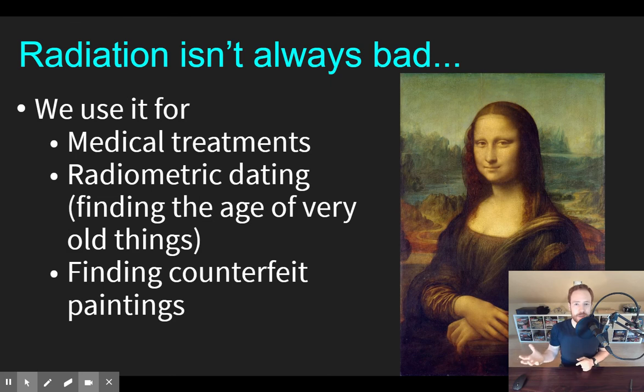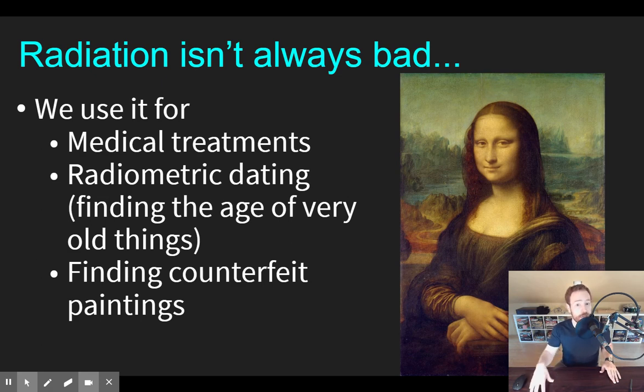And those isotopes that we created landed on Earth and soaked into crops, and they ended up in the crops used to make the pigments used in paints, which means that paintings done after 1945, I think it is, paintings done after the detonation of the first atomic bomb contain trace elements of these isotopes that did not exist on Earth before, whereas paintings before that time do not contain those isotopes. And so you can tell whether something is a modern fake of an old painting by testing for these rare types of isotopes.